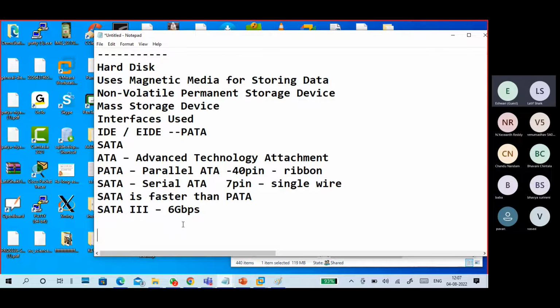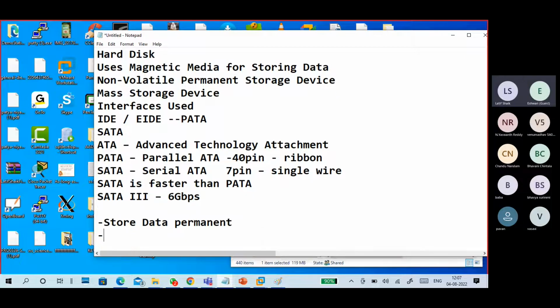So what is the use of a hard disk? As I said earlier, it is to store data permanently, but not fixed. The data can be read and written.